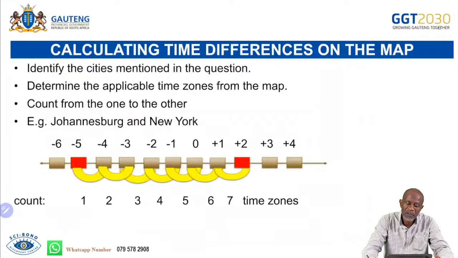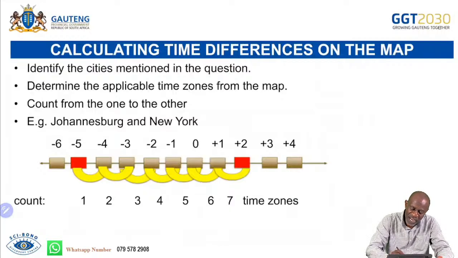Now, the first step of our calculation, I'm going to take you through the calculation of the time difference. Our point of departure for our calculations will be establishing the time difference between two countries or between two cities. Here the question refers you to Johannesburg and New York.